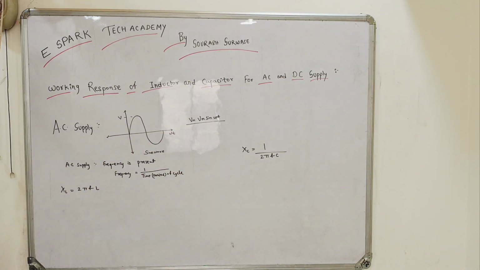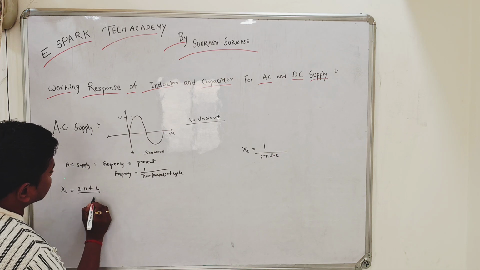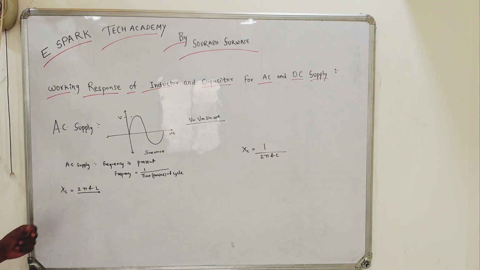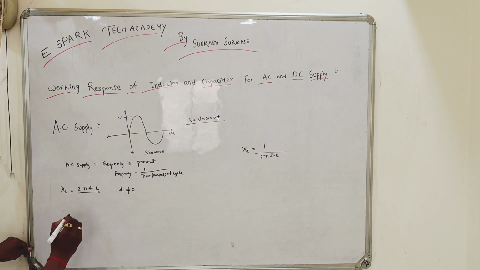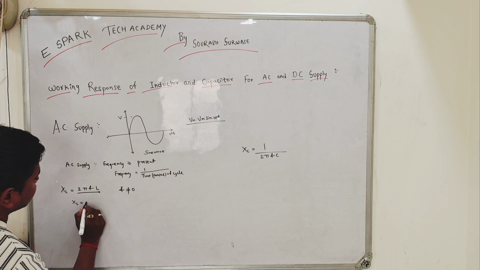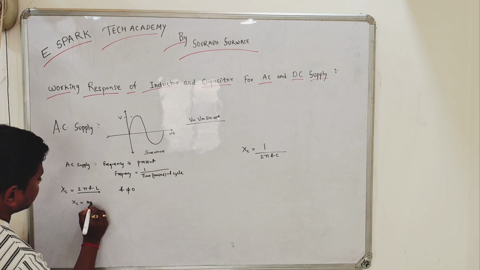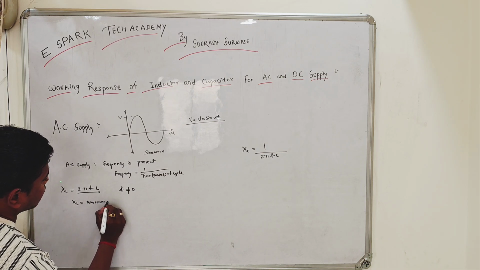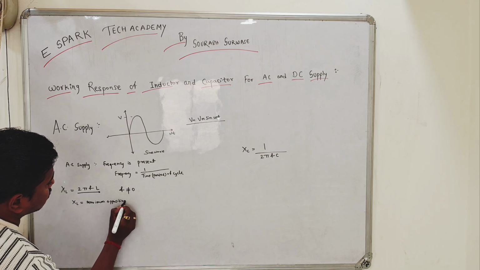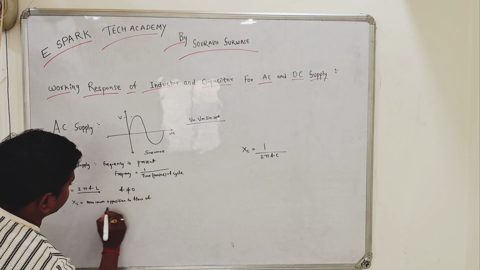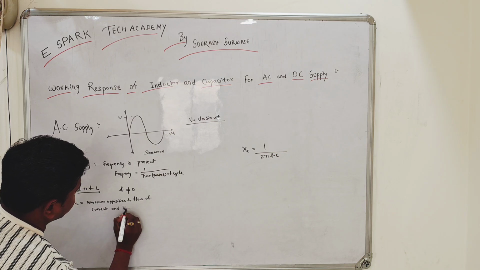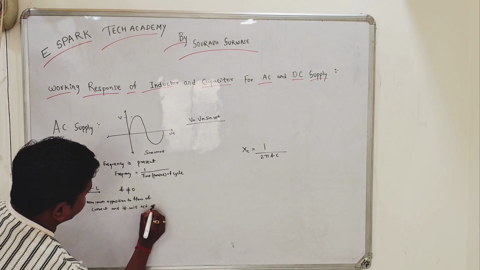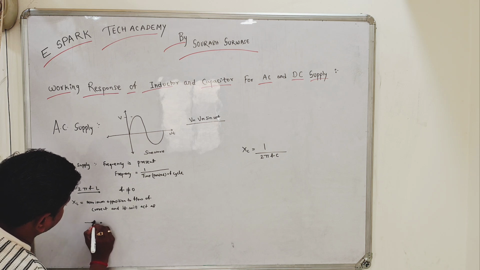Now in this case, as the frequency component is present in AC, as frequency is not equal to 0, the XL will be maximum opposition to flow of current, and it will act as open switch.